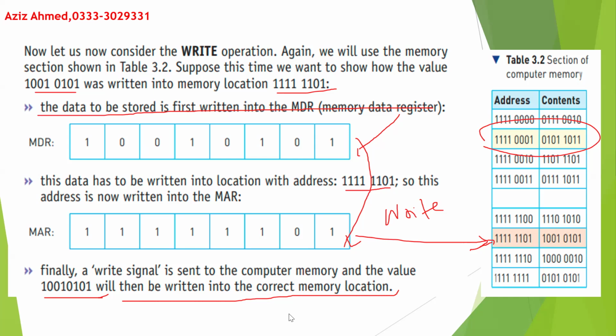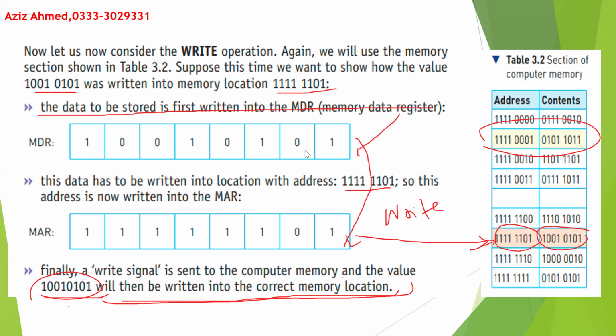The processor will write data on MDR, this kind of register, and then its address is stored in MAR. From MAR, the address will be located in memory, and then data will be written over there. Finally, a write signal is sent to the computer memory, and this value will then be written into the correct memory location. So this is the memory location, and here it's data.